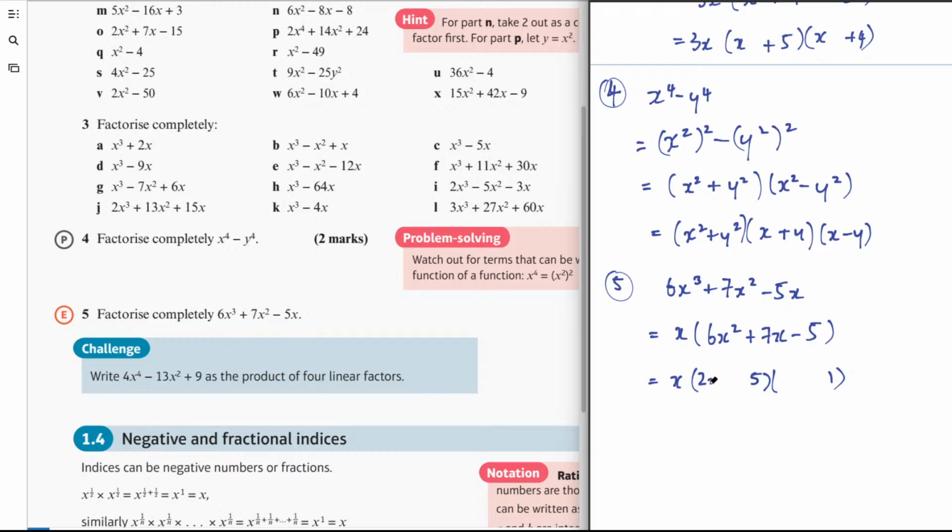So we could do 2x. Oops. That needs to be a 2 here, so that needs to be a 3. And then 2x. So 3x. That needs to be a negative 1. So negative 3x plus 10x is going to give you positive 7x. Okay.